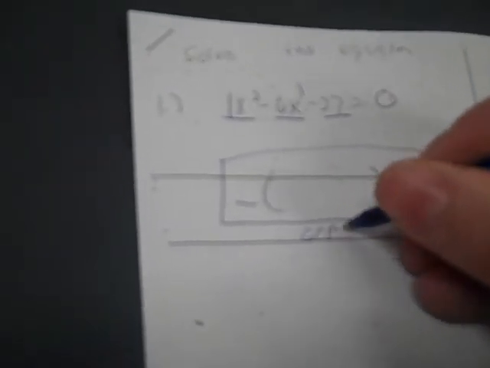So when I factor, first thing I look for is a GCF. And then since there are 3 terms, we're going to make our big second box split in half with the table.